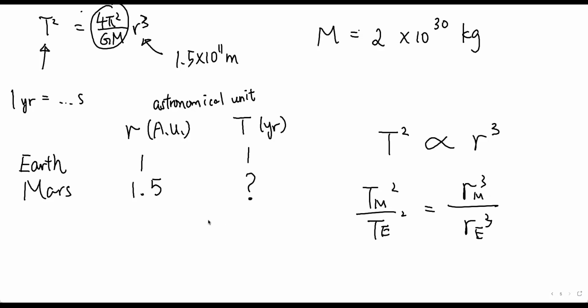And this one is actually pretty simple. So 1.5 squared divided by 1 squared equal to the R. Oh, sorry. So the period of the Mars squared divided by 1 squared will be Rm cubed divided by 1 cubed.